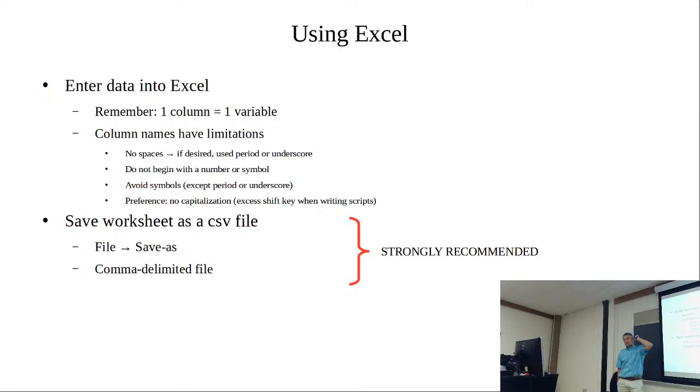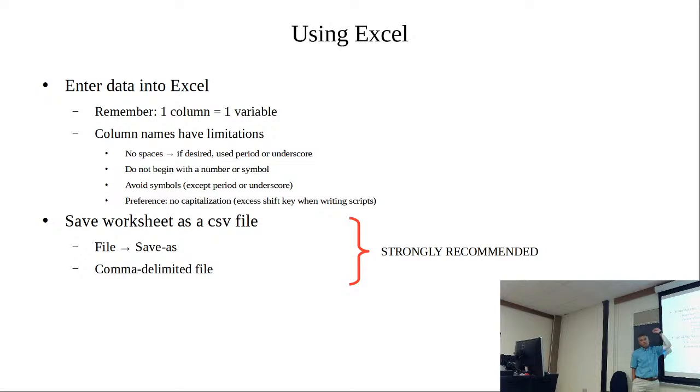No spaces. If there's a space, R will add a period in place of that space. So if you want different words, like max temp, you could use max period temp, you could do max temp all one word, or you can use max underscore temp. All of those will work, but avoid the space.